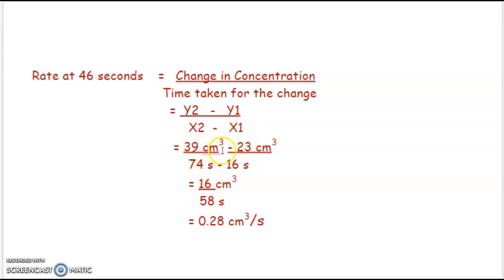Now 39 cubic centimeters minus 23 cubic centimeters will give us 16 cubic centimeters, and 74 seconds minus 16 seconds will give us 58 seconds. When we divide 16 by 58, we will get 0.28, the unit here being cubic centimeters per second, and that would be the value of our rate at 46 seconds.